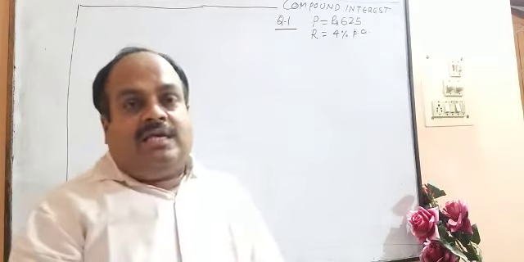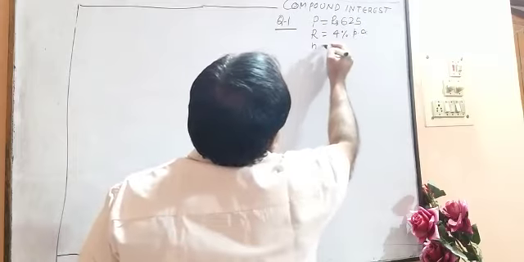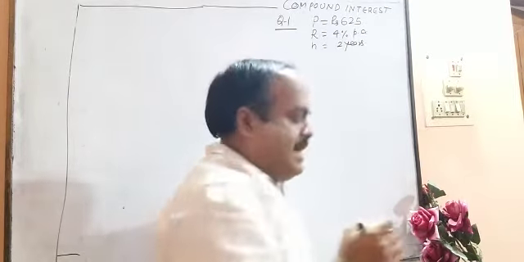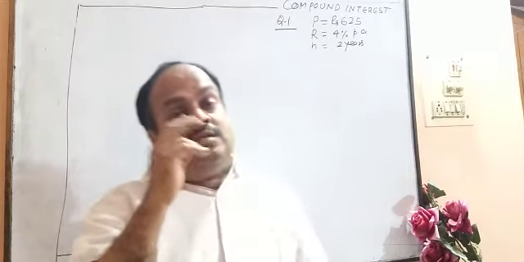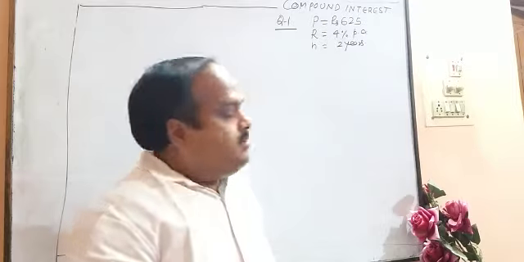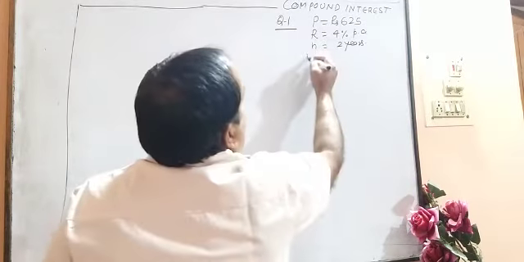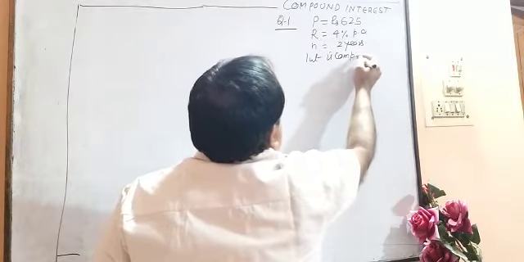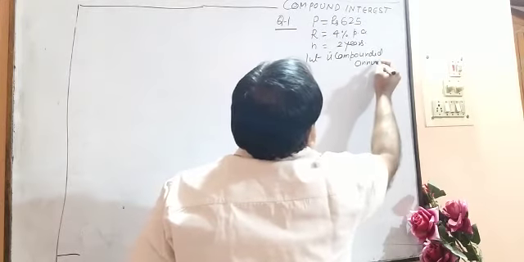The time is 2 years. We have to find the amount and the compound interest in 2 years. Remember, here in this case the interest is compounded annually.